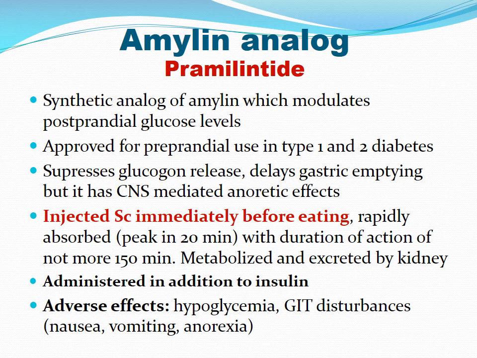Approved for pre-prandial use in type 1 and type 2 diabetes. It acts to suppress glucagon release, delay gastric emptying, and has a central nervous system effect to suppress appetite.